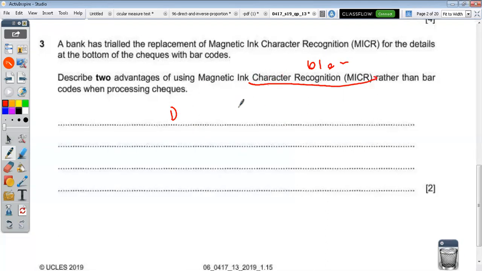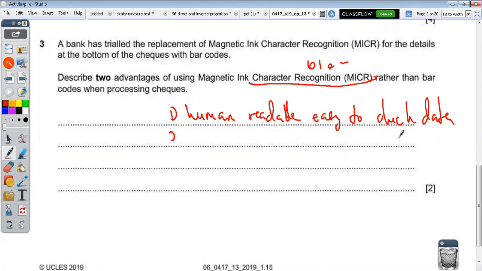So MICR is human readable, to check data. It also offers higher security than barcodes.